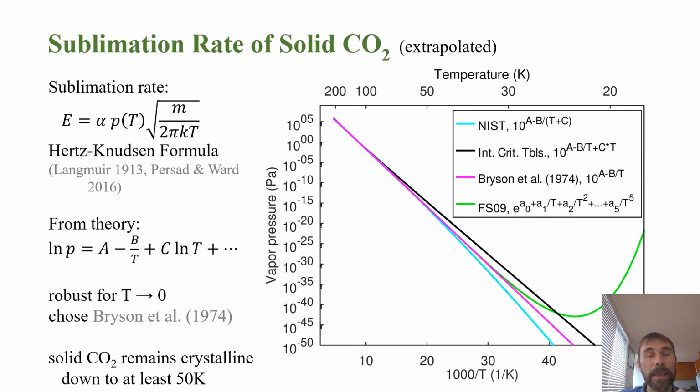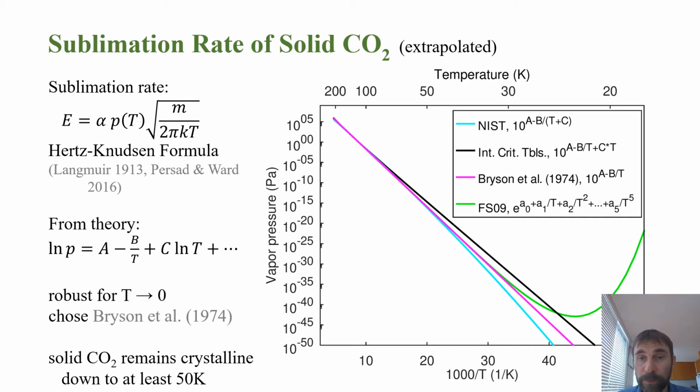So this diagram shows 4 different parameterizations. Now the relevant temperatures are like 50 to 60 Kelvin when most of the sublimation happens in something which is potentially a cold trap. And so at that area, 3 of the 4 agree. The only one which does not agree is the International Critical Tables, but that's a century-old reference.